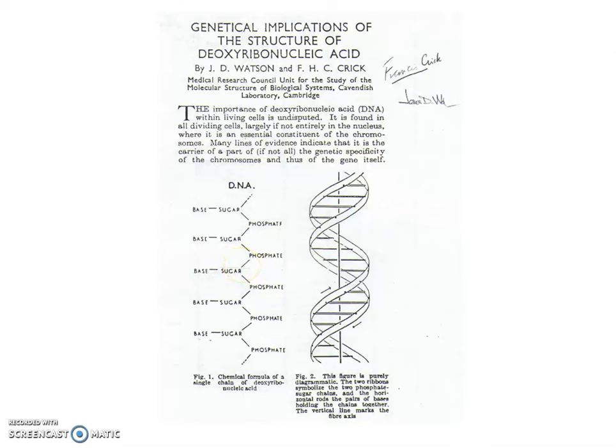Erwin Chargaff, decades later, researched to reveal that DNA contains 4 nitrogenous bases, and the complementary bases bind as A to T, C to G, adenine to thymine, cytosine to guanine.